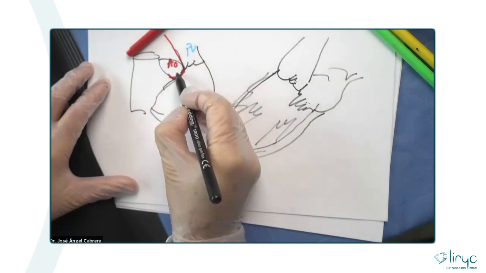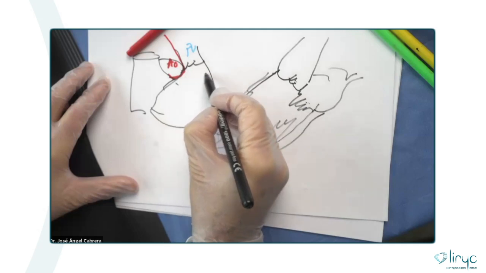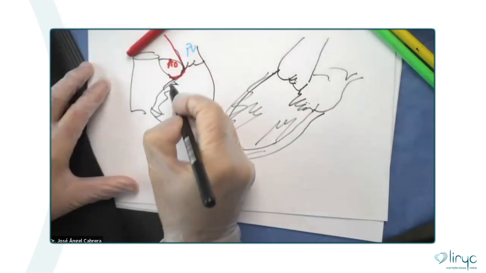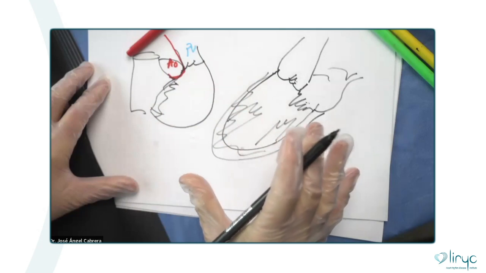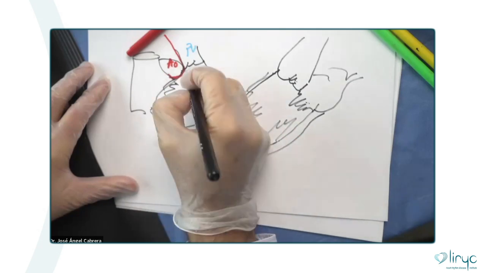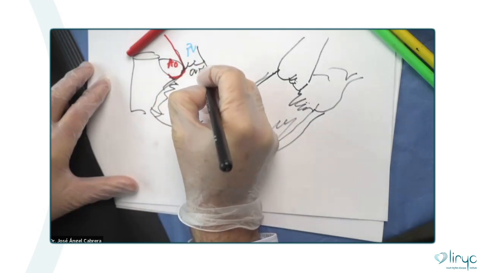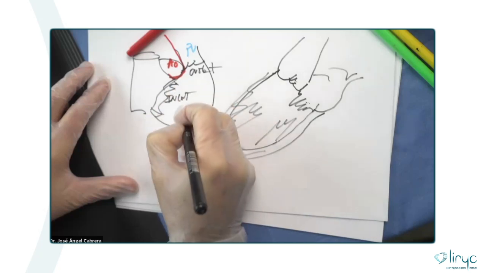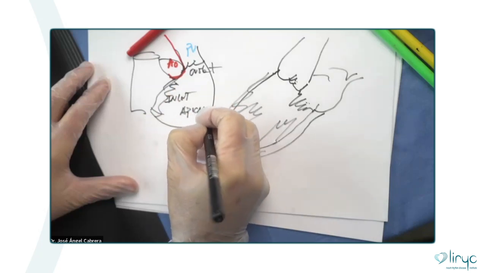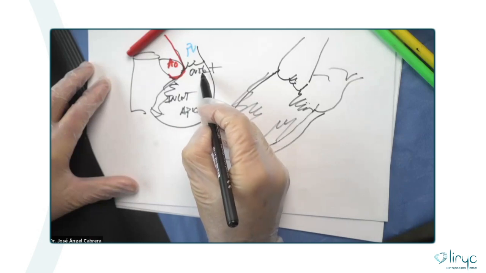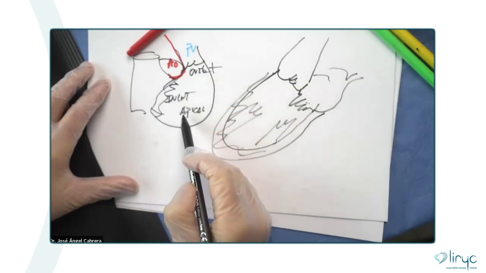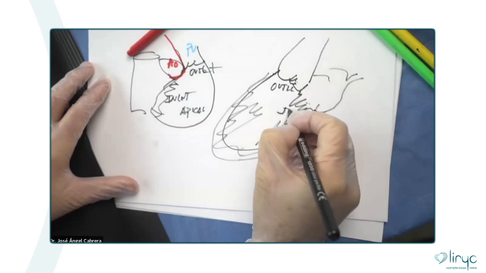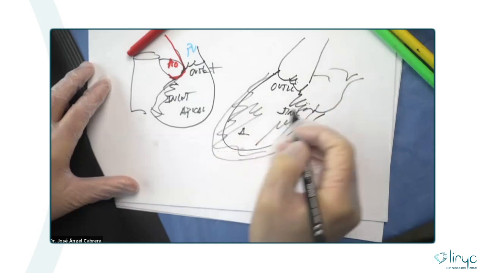The aorta is protruding in between the pulmonary valve and the tricuspid valve. And we are going to use three areas. This is the outlet, this is the inlet, and this is the apical component. The outlet, inlet, and apical component. And here we have the outlet and inlet. And this is the apical.